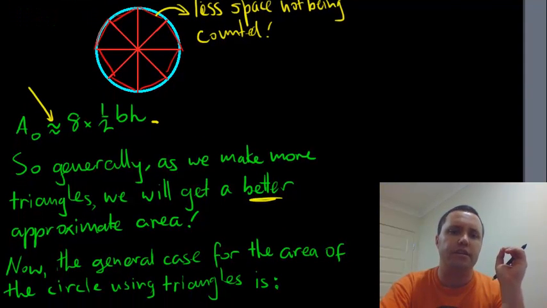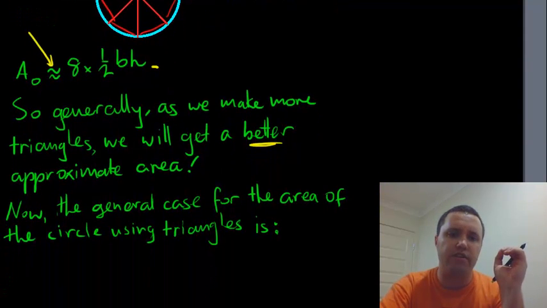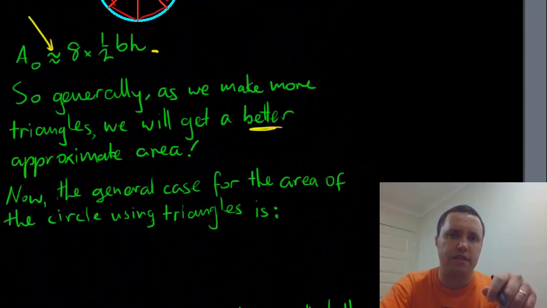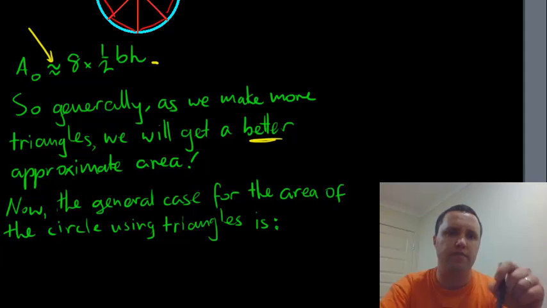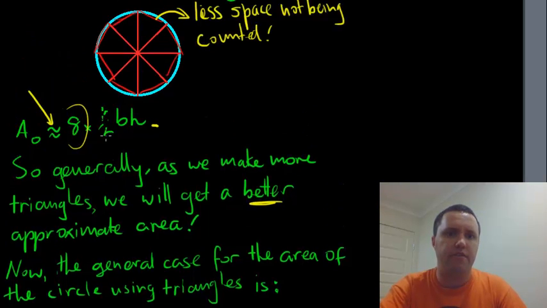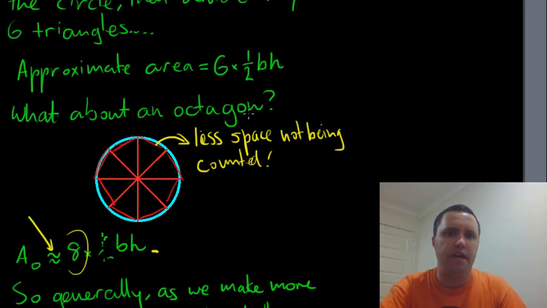The general case for the area of a circle using triangles is, as we've seen, let's quickly scroll back up. For the octagon, it was 8 times half base times height, and for our hexagon, it was 6 times half base times height.